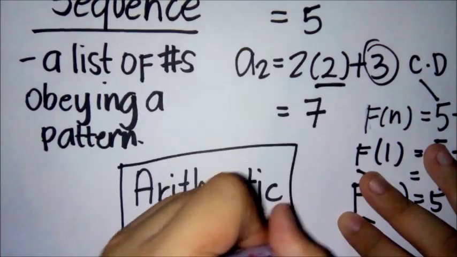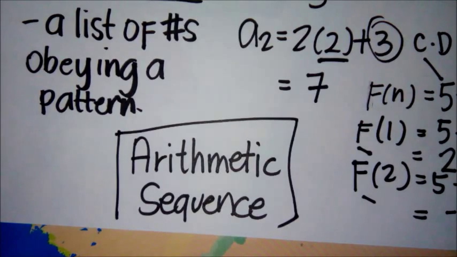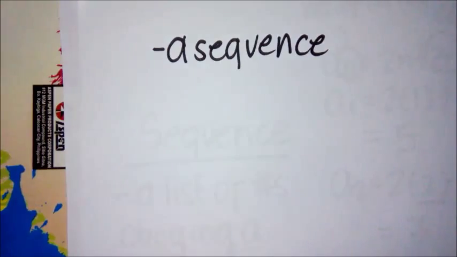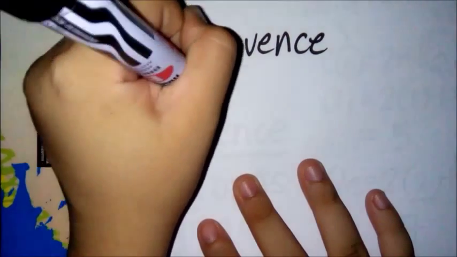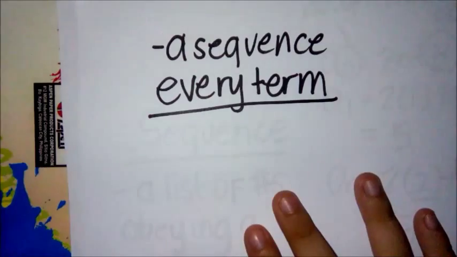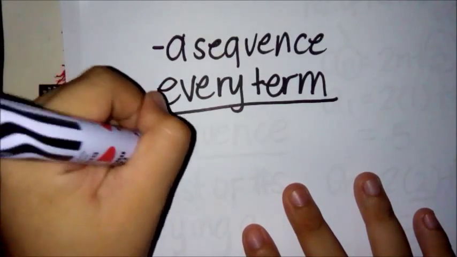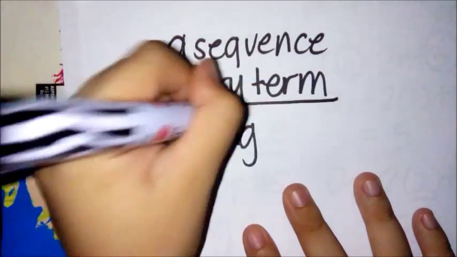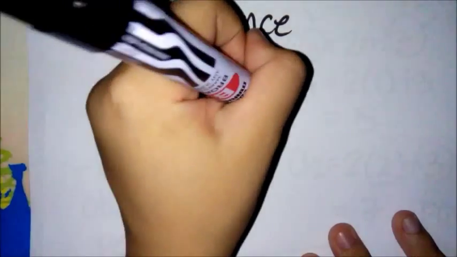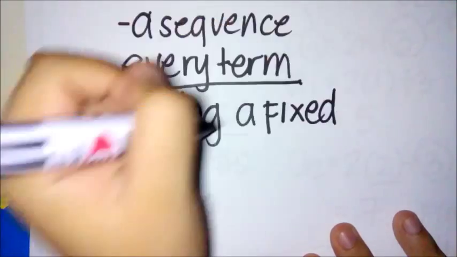An arithmetic sequence is a sequence in which every term is obtained by adding a fixed number.